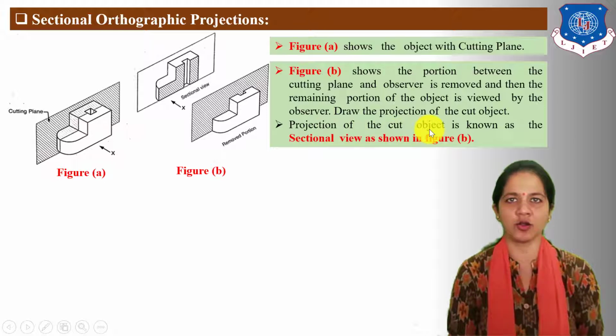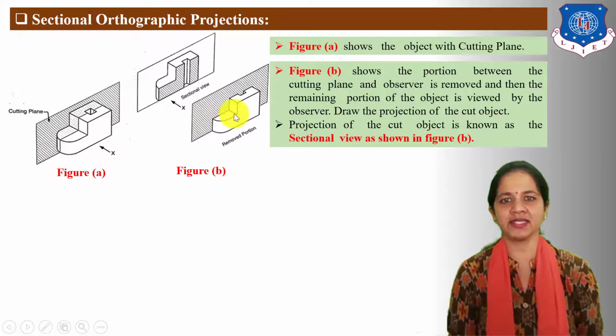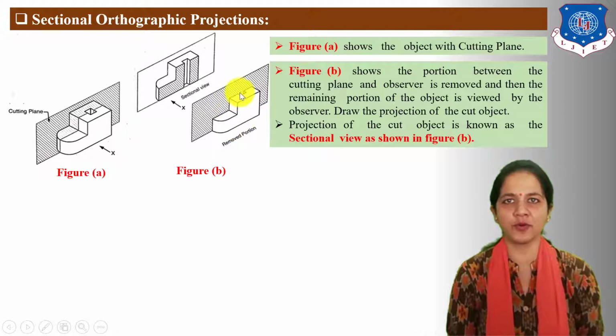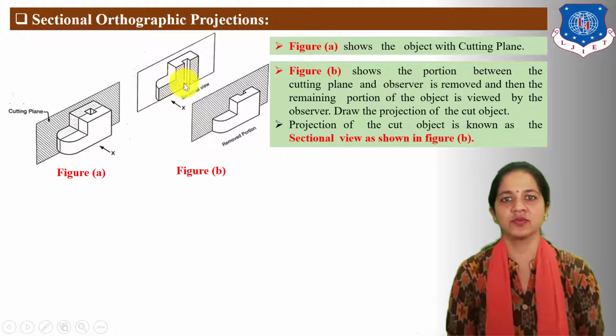The projection of the cut object is known as the sectional view, as shown in figure B. Here you can see this is the removed portion in between observer and cutting plane, and this is the remaining portion of the object, which is viewed by the observer from the front direction. So this is known as the sectional view.